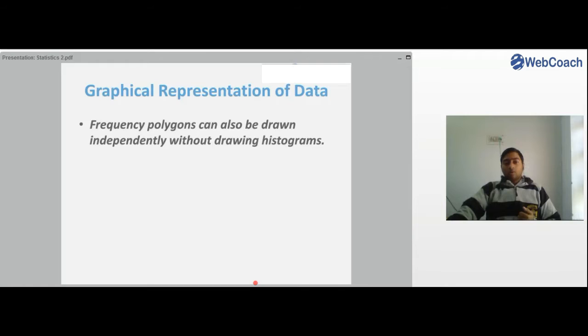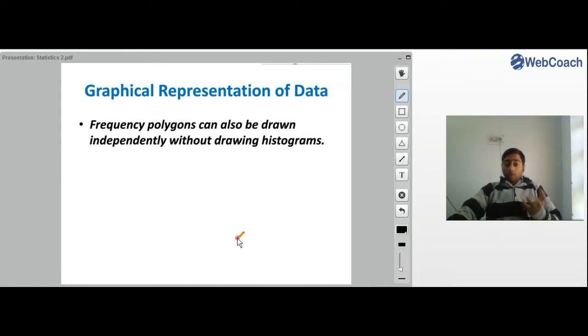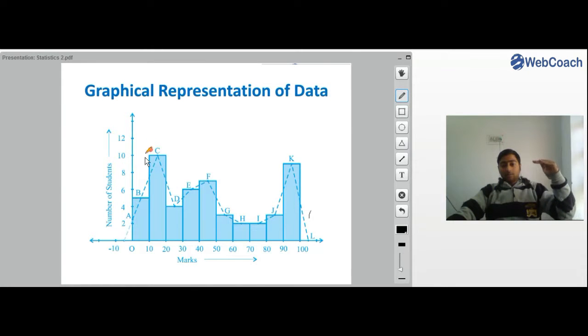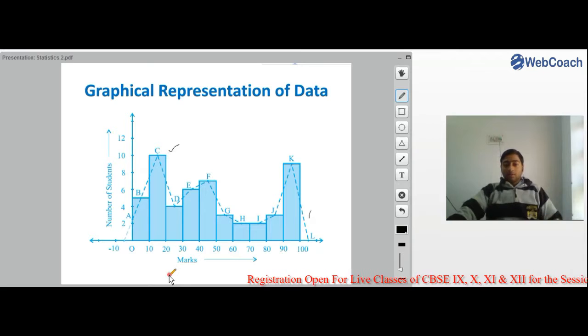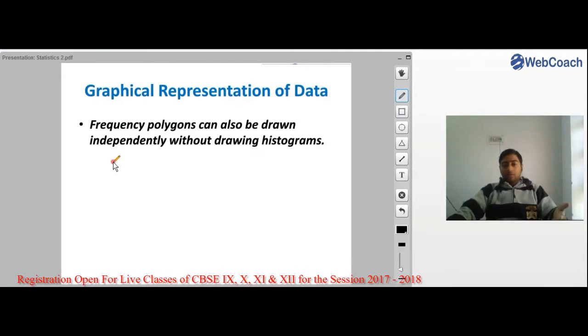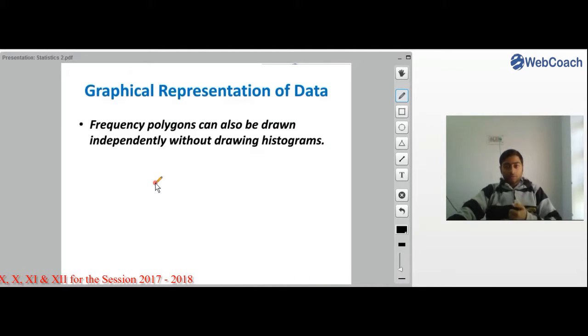Now you can also draw the frequency polygon without drawing histograms, because you are just concerned with the midpoints and the values which the histogram reaches. Right here you can see the histogram reaches a certain height, and you are taking the midpoint of the class interval at that frequency. So frequency polygons can also be drawn independently without drawing histograms.